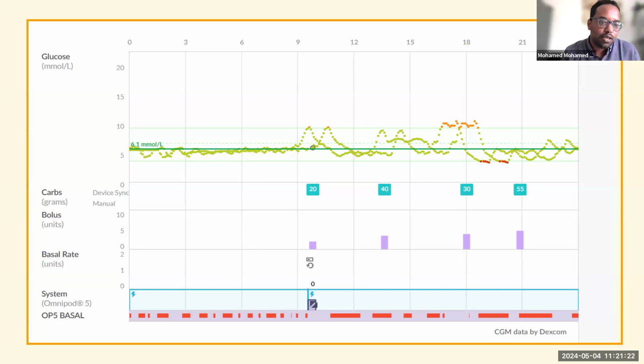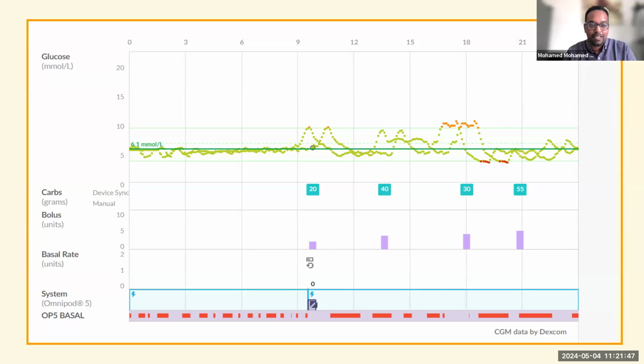What is the continuous green line at 6.1 millimole, the target glucose? Why is it 6.1 specifically? Yeah, 6.1 is the target blood glucose. Why specifically? Because that's what the companies advised us to choose. Different companies advise different levels. 6.1, I think this is an Omnipod, and 6.7 for t:slim.